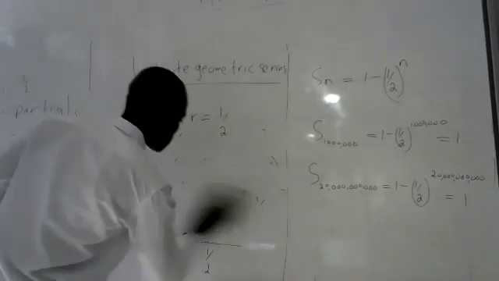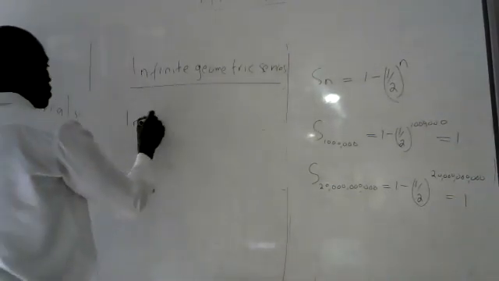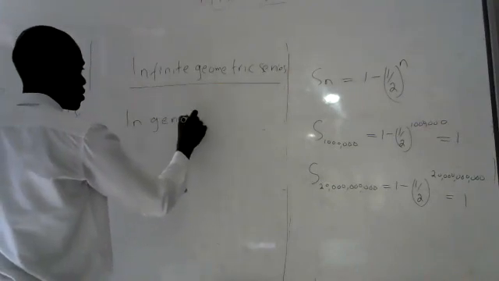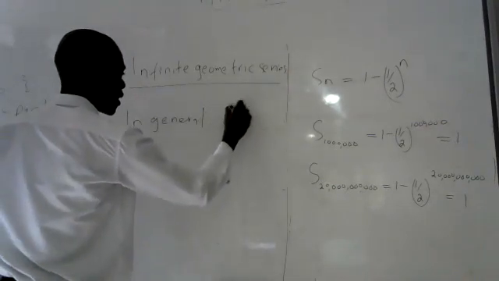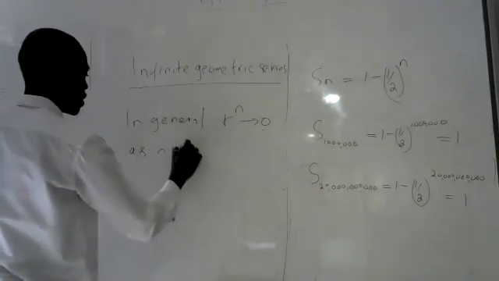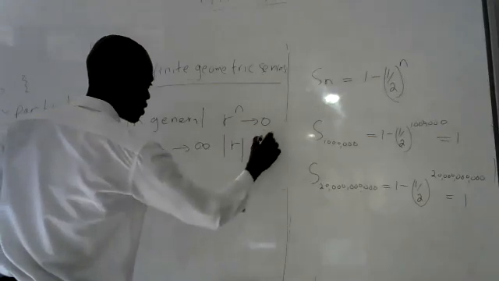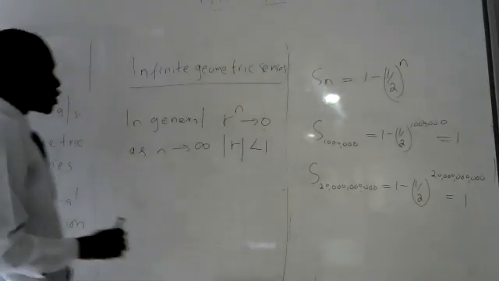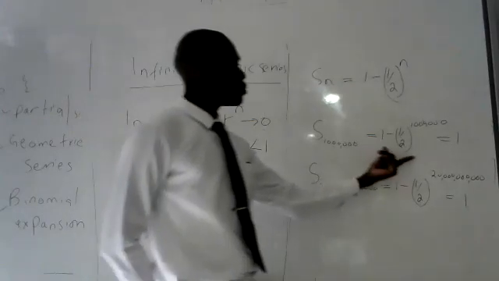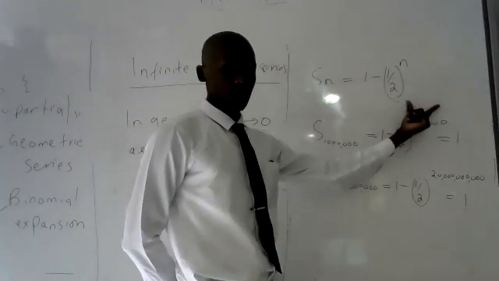In general, r^n goes to 0 as n goes to infinity, as long as the absolute value of r is strictly less than 1. So if you pick a half, try computing a half raised to any big number, you'll get 0.